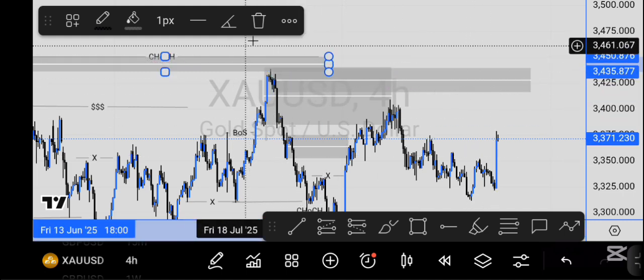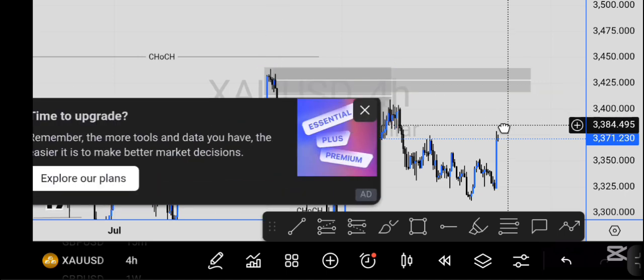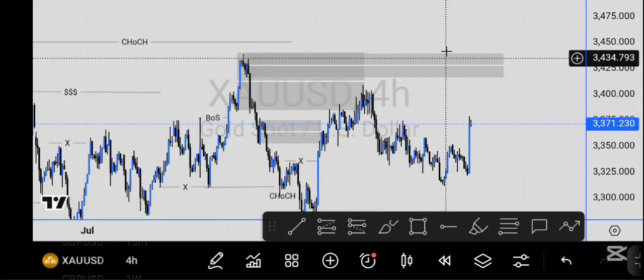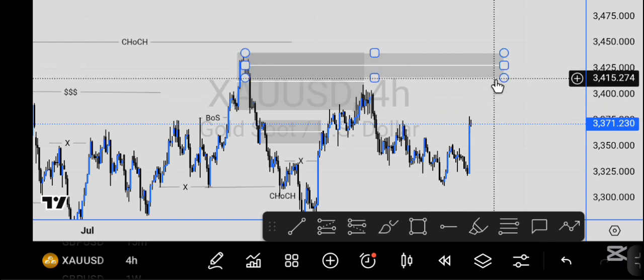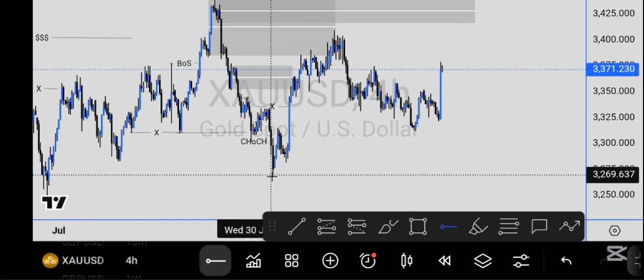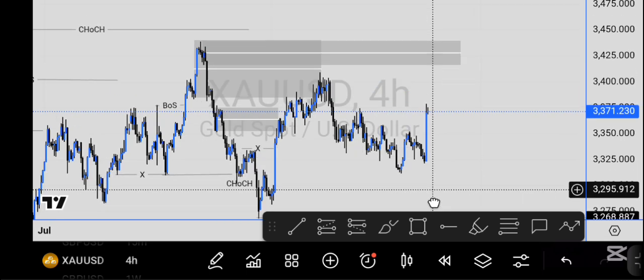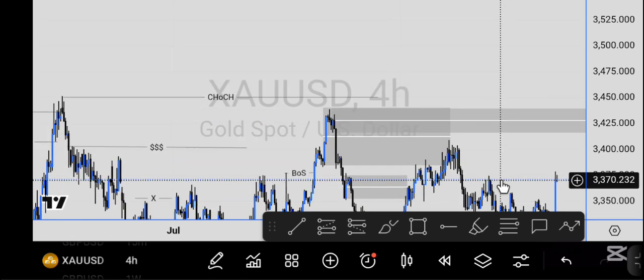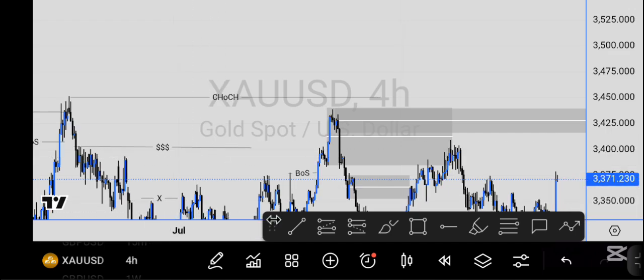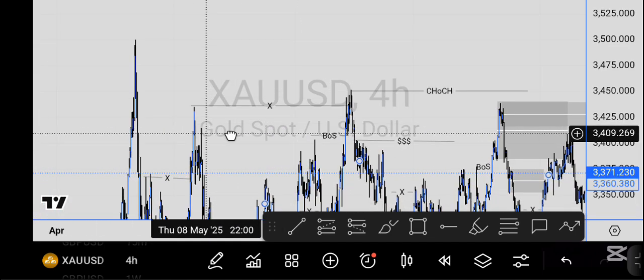So we have two POIs. This is the extreme POI. If this POI should hold, we might see price coming down to this low, but if it fails, then price will break this high, and then we can continue seeing new all-time highs on gold.